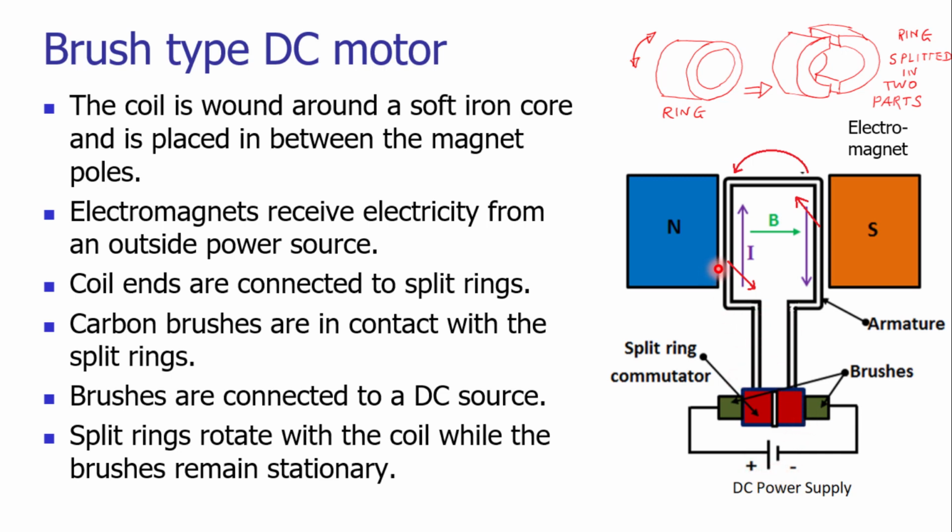This portion will move in a downward direction, be pushed further in the anti-clockwise direction, and come near to the north pole, and again there is a restoration of its positive polarity, and due to this the current will start flowing in its original direction. So due to this continuously changing magnetic field inside the armature coil, we are getting rotation of the coil, we are getting torque over the coil.